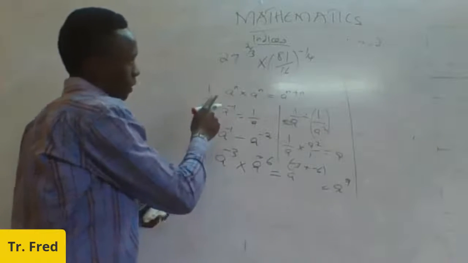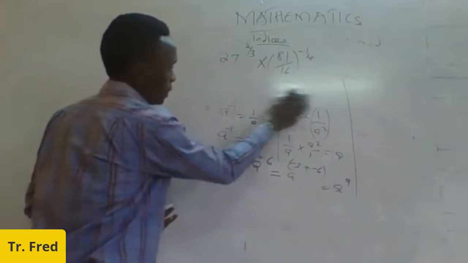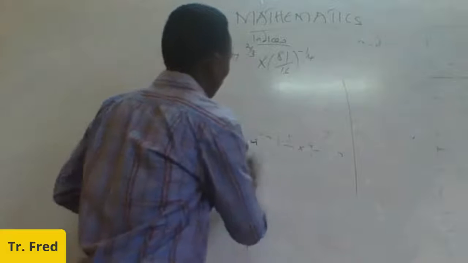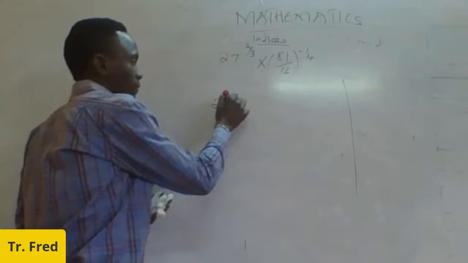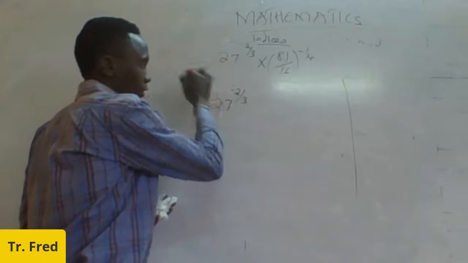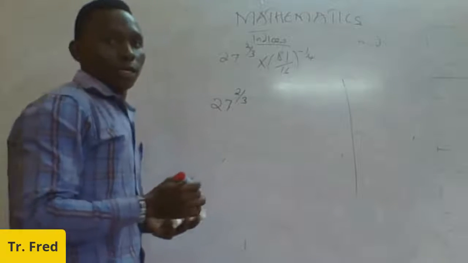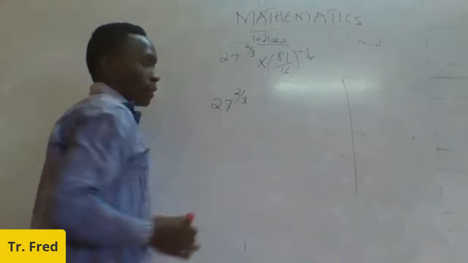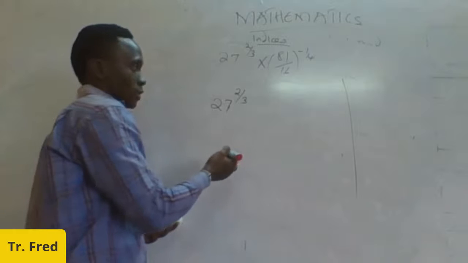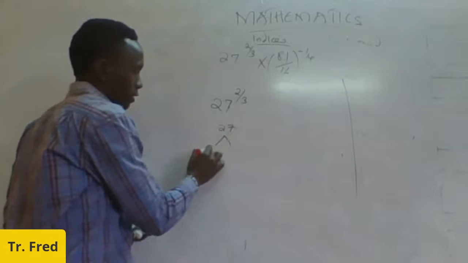Now you have to handle each one individually and then finally combine each one of them to get the final answer. The first one is 27 power 2 out of 3. This can be done by expressing 27 as a power of 3.